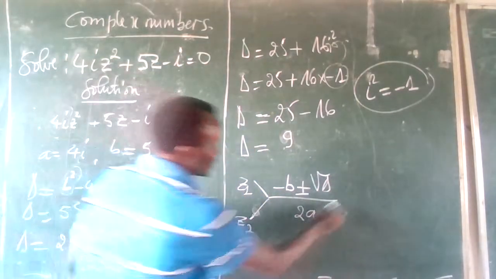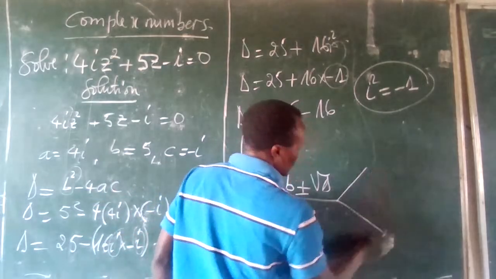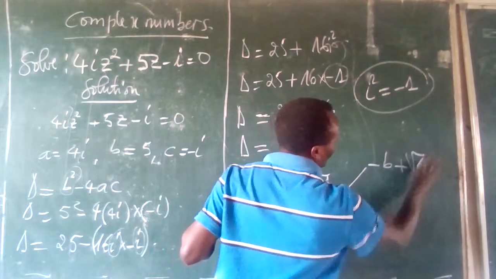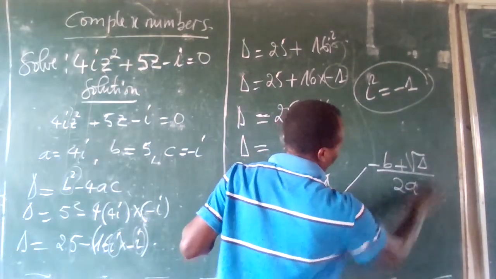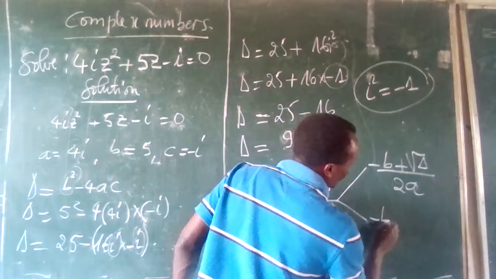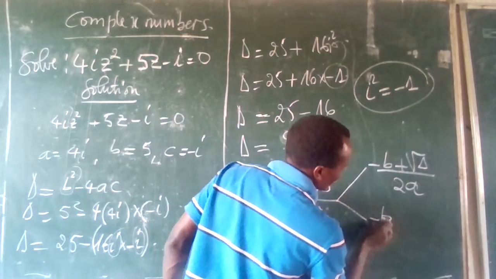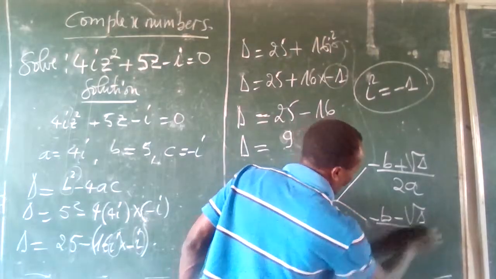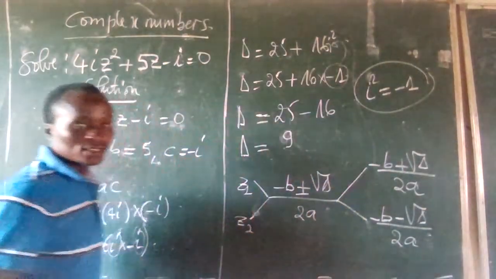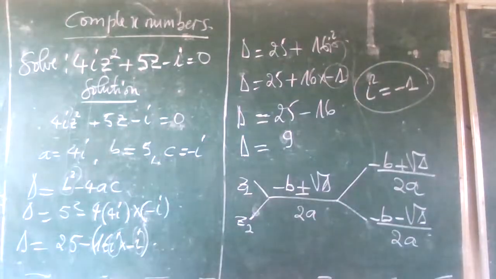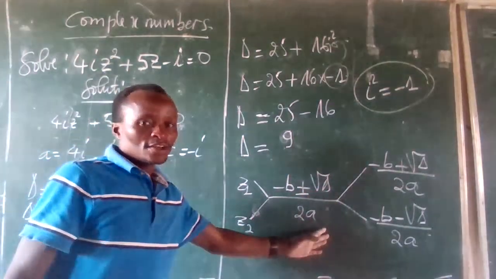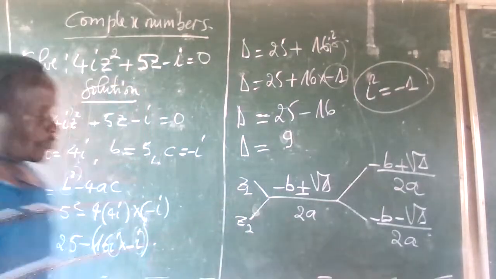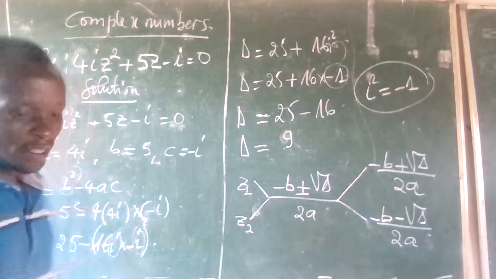Then each one: Z1 is minus B plus root of delta over 2A, and Z2 is minus B minus root of delta over 2A. Yes. Now we are going to use these formulas for finding these two complex roots.